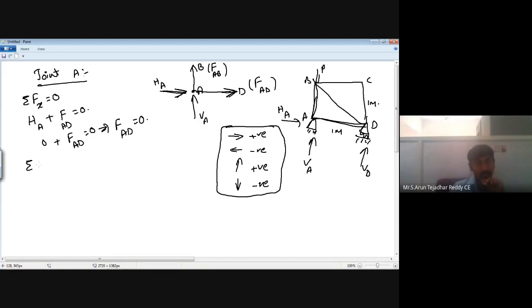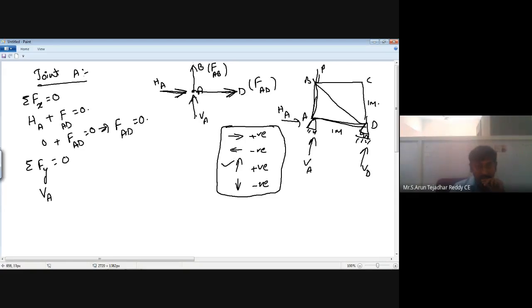Next, summation of vertical forces is equal to 0. In this diagram, how many vertical forces are acting? That is two vertical: VA, the vertical force, and from A to B, FAB. VA direction is upward, so positive.